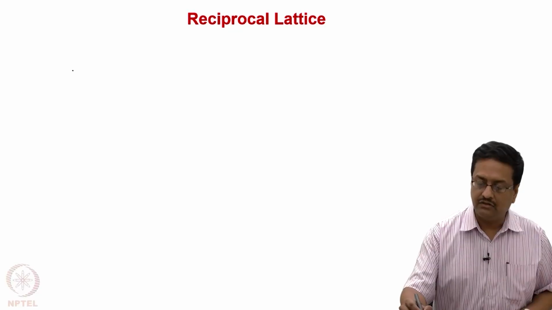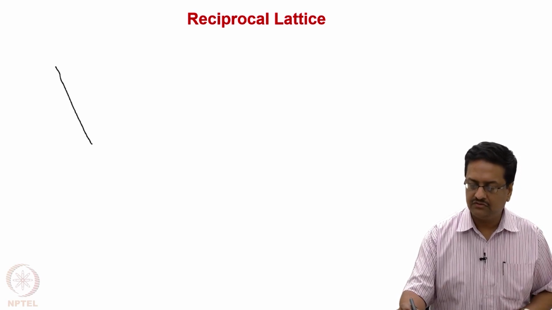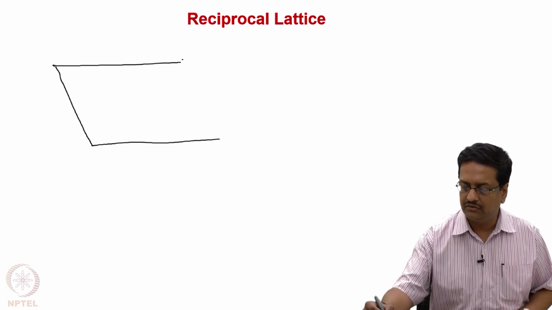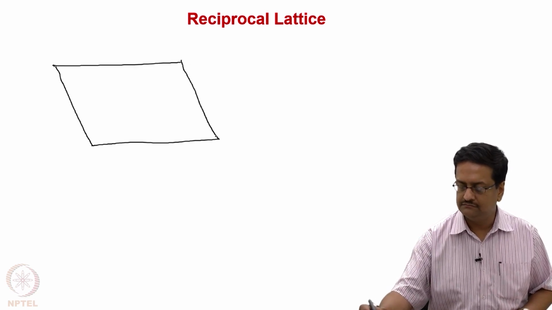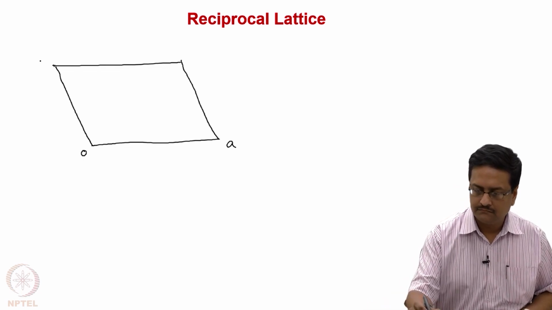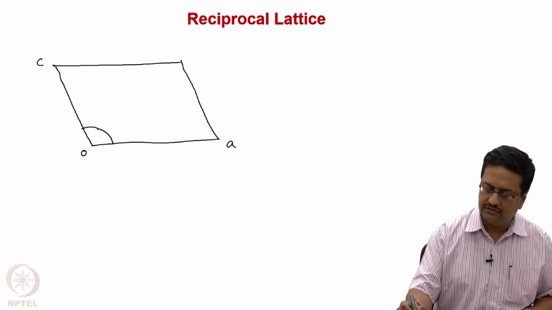As you know, for a monoclinic lattice, the angle between A and C is not 90 and this is called beta. So I am drawing the AC plane of a monoclinic unit cell. So this angle is beta.